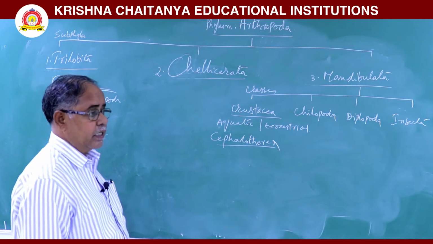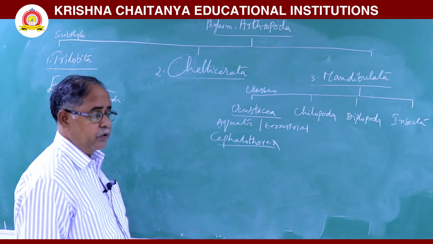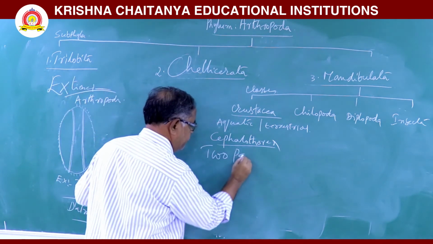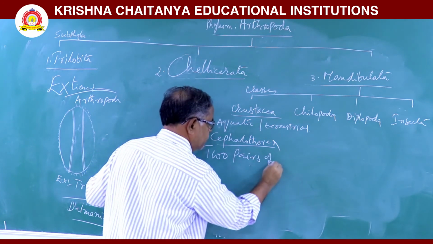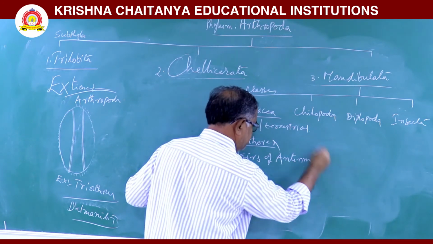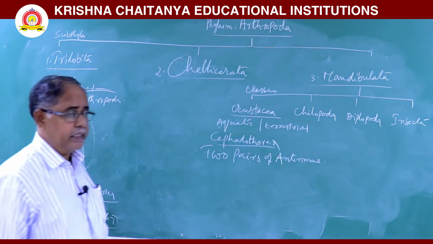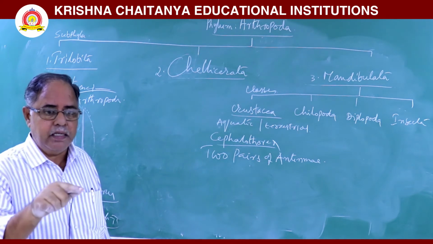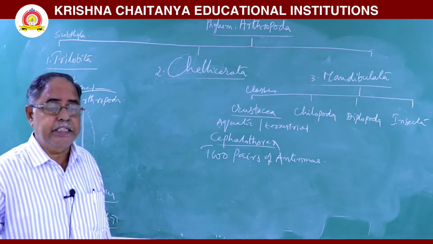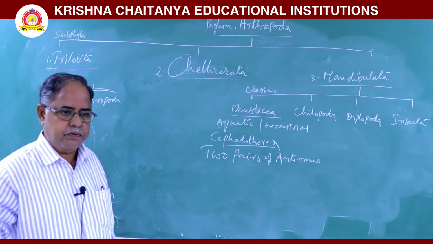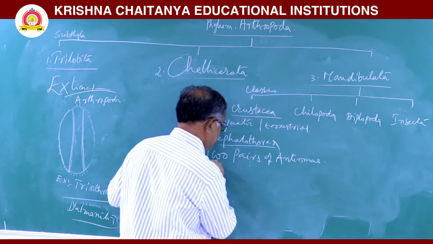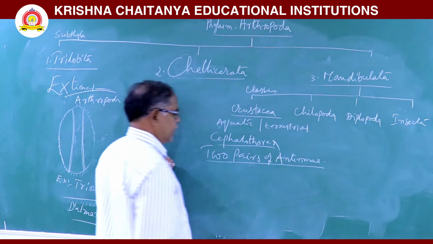In these animals, one unique character is there. Two pairs of antennae are present. The first pair is called antennules, the second pair is called antennae.